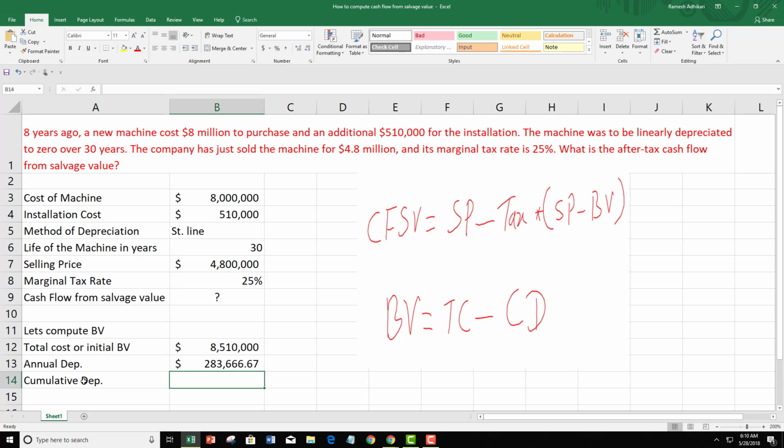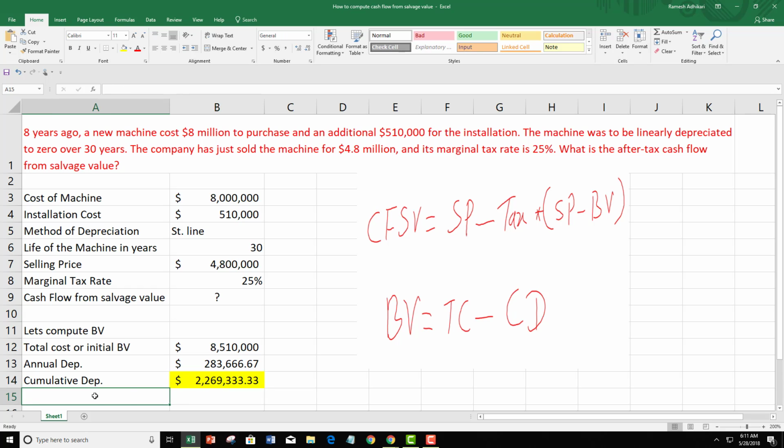So now we can compute cumulative depreciation, which would be: the machine was used for 8 years and annual depreciation was 283,666.67. So you have to multiply this by 8. So that gives us the cumulative depreciation. Once you have the cumulative depreciation, now you can compute the book value.